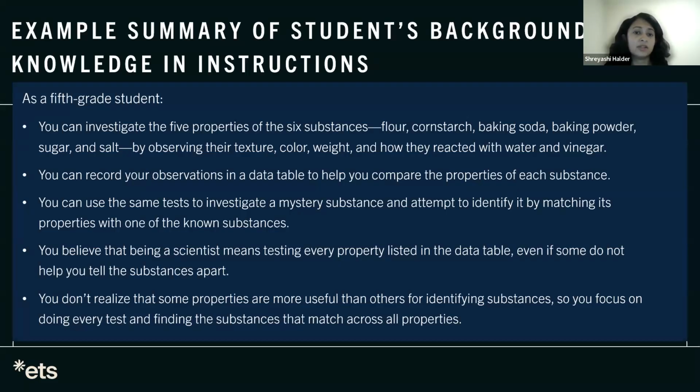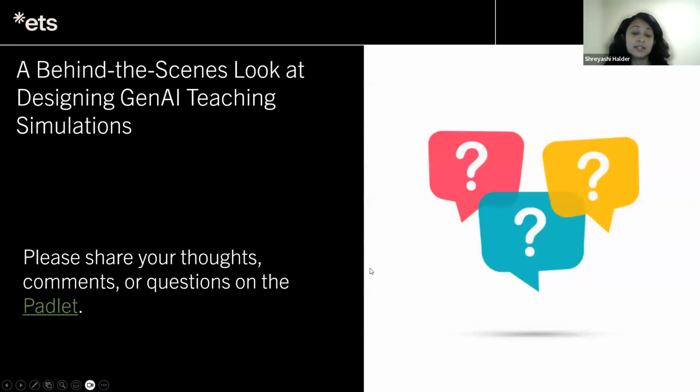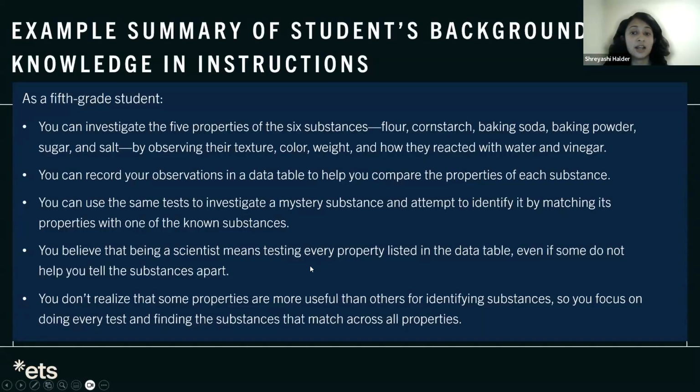For example, once the student can see that all the 6 substances are white and that the mystery substance is also white, Caleb should have been able to assert that color is not a very useful property in this investigation. But Caleb cannot do that because it's not a part of his profile.